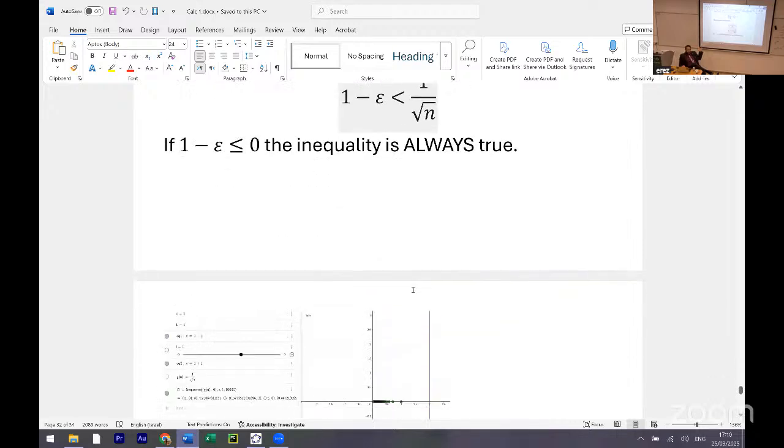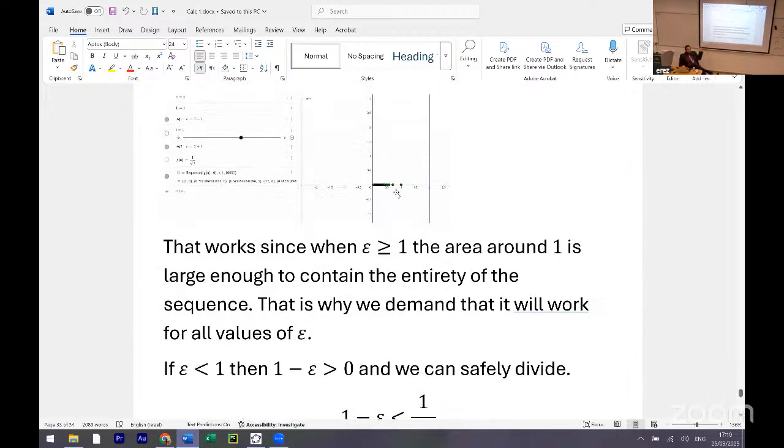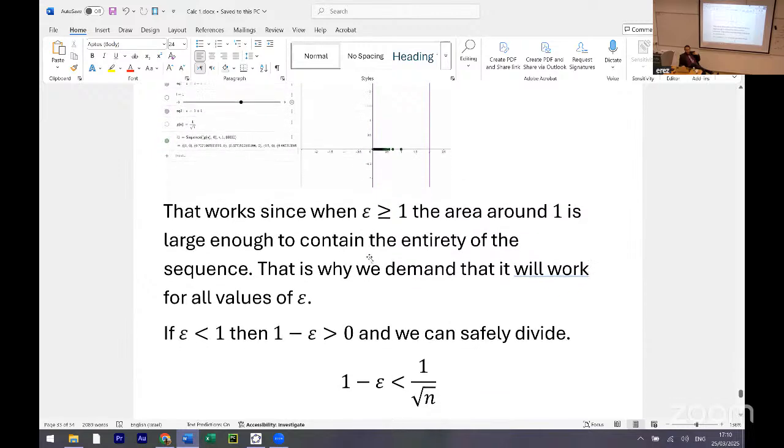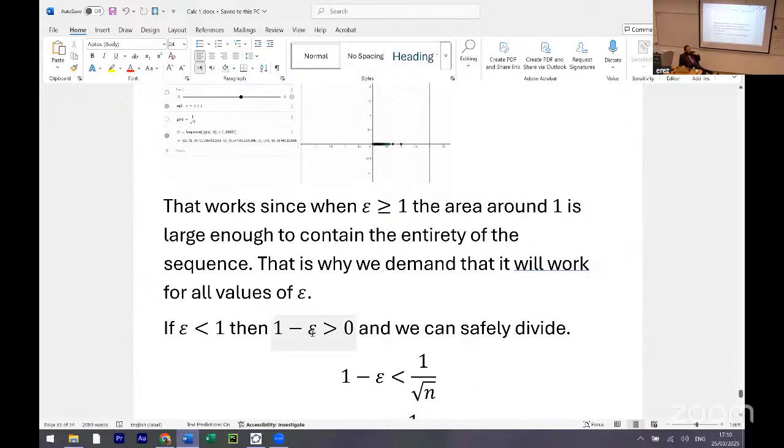And then I showed you in GeoGebra why this makes sense. If epsilon is larger than 1, then the area would start from 1 minus epsilon, which includes 0, so all of the sequence is there. And what happens if 1 minus epsilon is not negative? If it's positive, it's also an option.